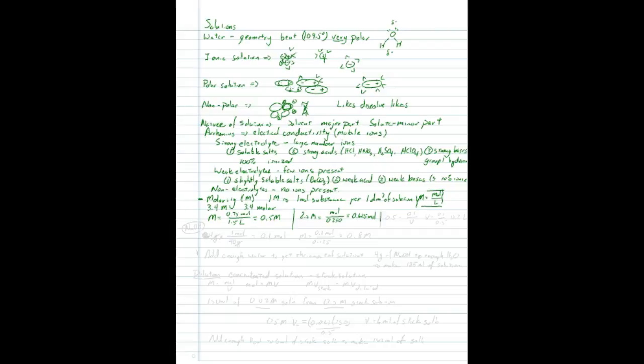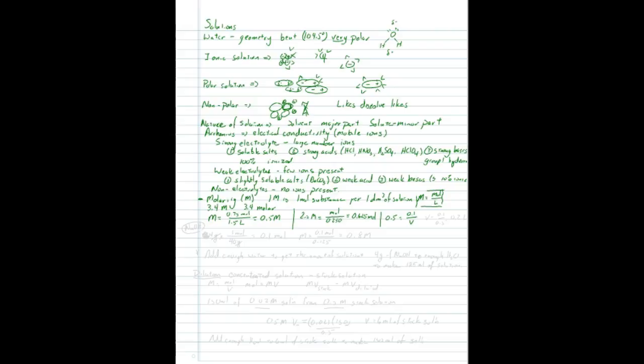Another example, if you have a 0.5 molar solution and 0.1 mole, what's the volume? So you're going to have the molarity, which they give you as 0.5, and they give you the moles, which is 0.1, over volume, which you don't know.